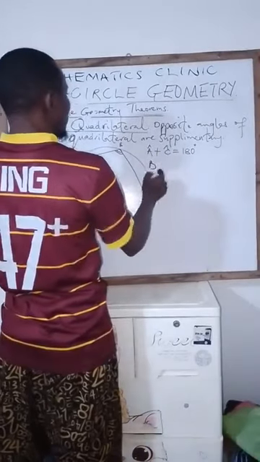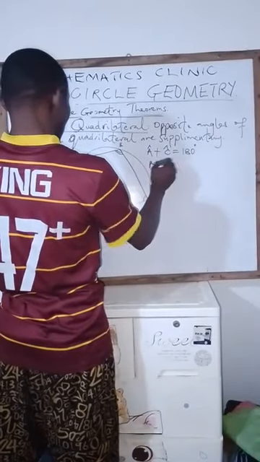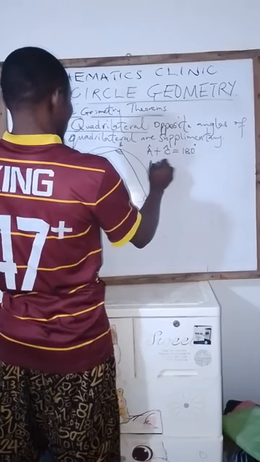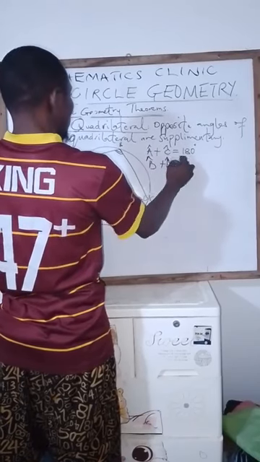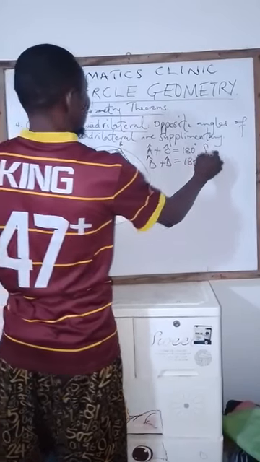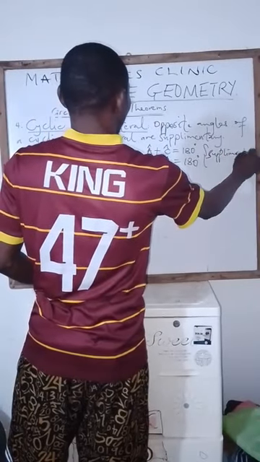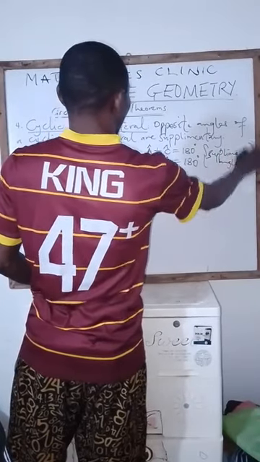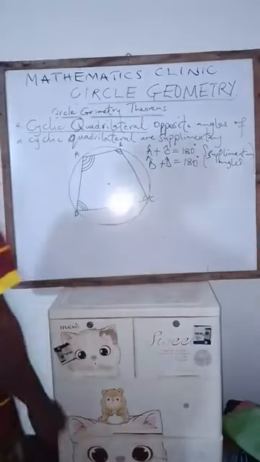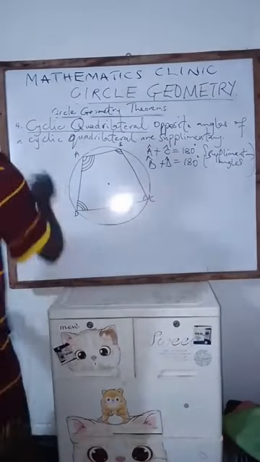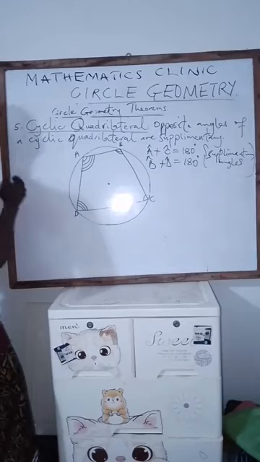Likewise, B plus D are also supplementary angles. This should be theorem number 5.